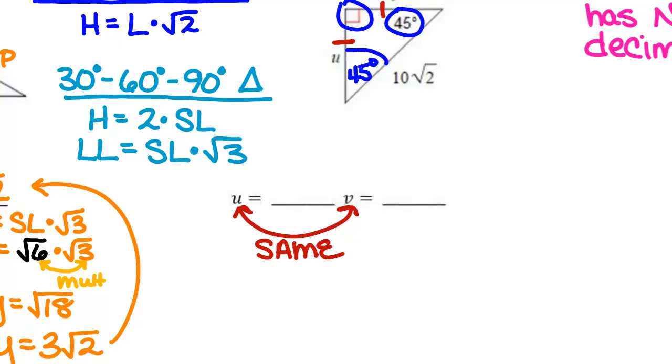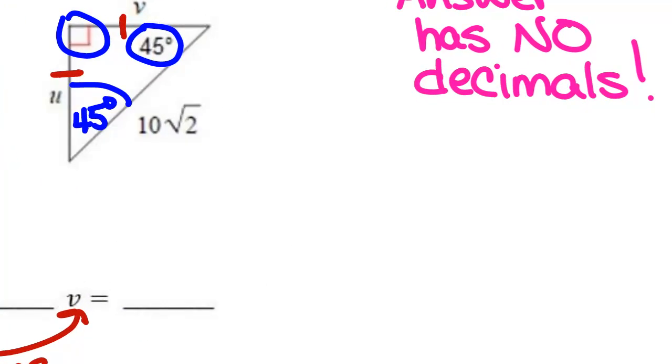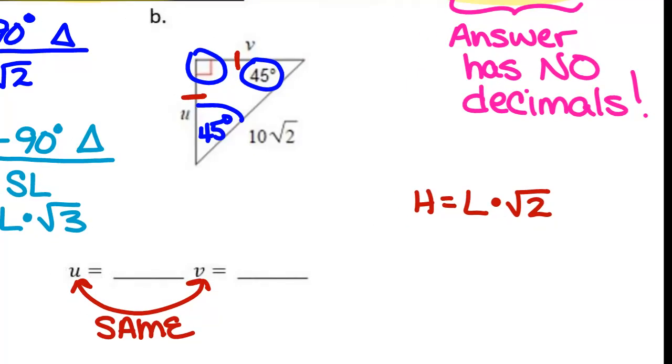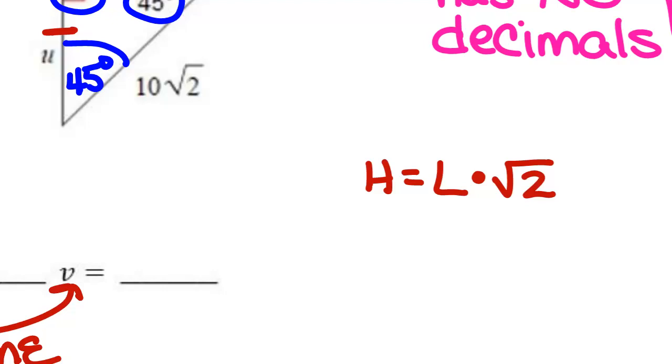With a 45, 45, 90, we don't have a short leg and a long leg. We just have leg because they're the same size. Hypotenuse equals leg times radical 2. The hypotenuse is 10 radical 2.